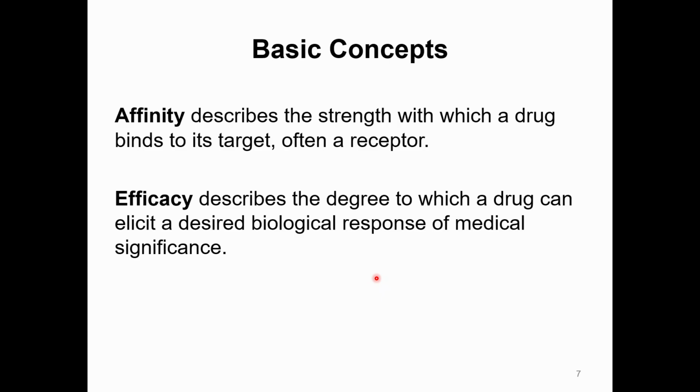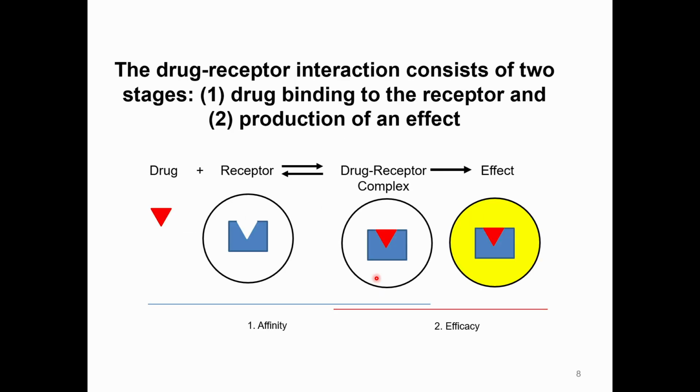Remember, the lower the KD, the stronger the drug binds. And so we're interested in affinity, and the affinity directly relates to the potency of the drug. But we're also interested in efficacy. How well does that drug work on one of these measurable parameters like blood pressure or blood glucose, etc. So both of these things are of interest.